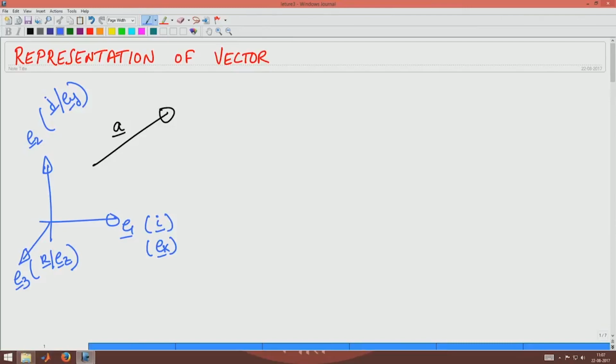So, when you write A as A1 E1 plus A2 E2 plus A3 E3, or succinctly this can be written as Ai Ei. This is the reason why I am using 1, 2, 3 as the index for the basis vectors rather than x, y, z or i, j, k for the basis vectors.